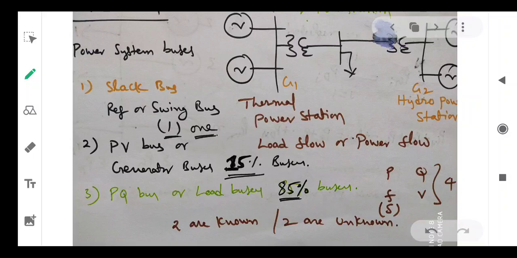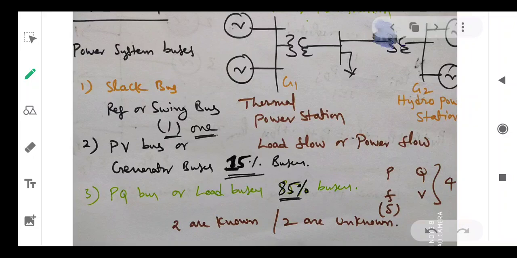The second bus is the PV bus or generator bus. About 15% of buses are generating type or PV buses. Sometimes these buses are also known as voltage controlled buses, in which the voltage is kept constant at 1 pu. Third one, PQ bus or load bus.